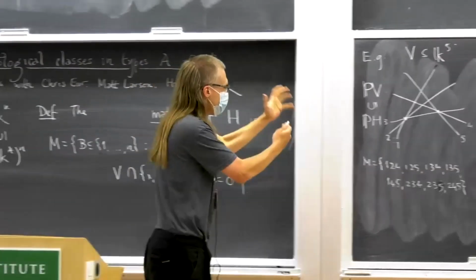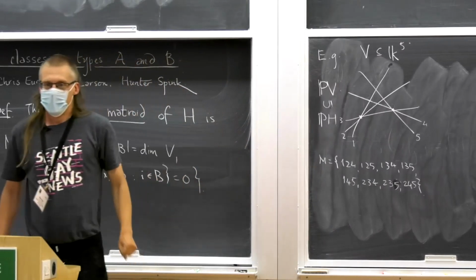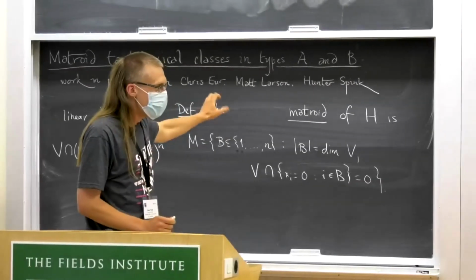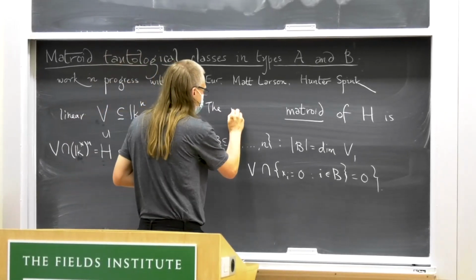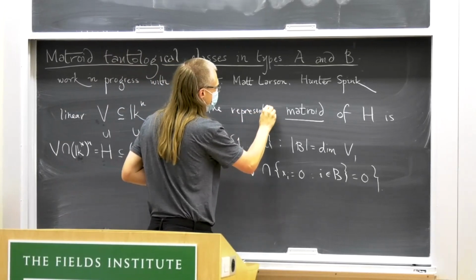So there are lots of applications of this particular combinatorial data. It's a nice thing to have around. These matroids are actually called representable, the ones that really come from linear spaces.